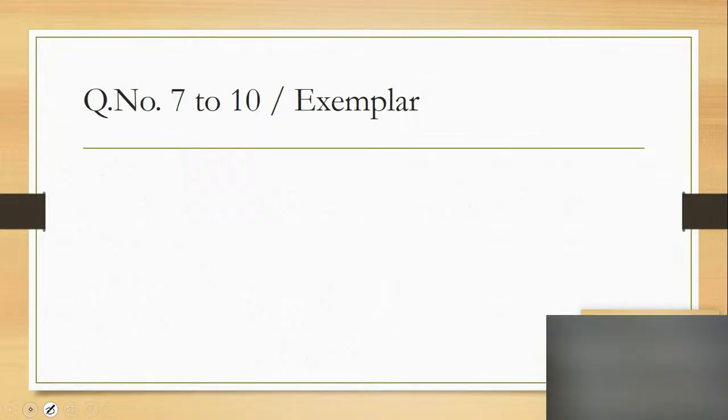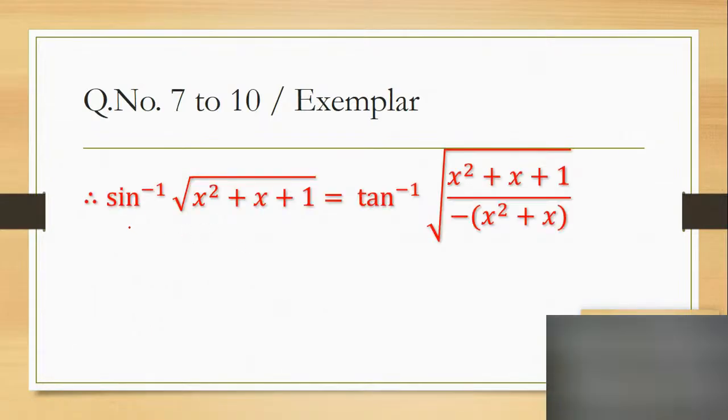So your next step will be sin inverse root of x square plus x plus 1 equal to tan inverse root of x square plus x plus 1 by root of minus x square minus x. I hope that there is no problem to understand up to this step.